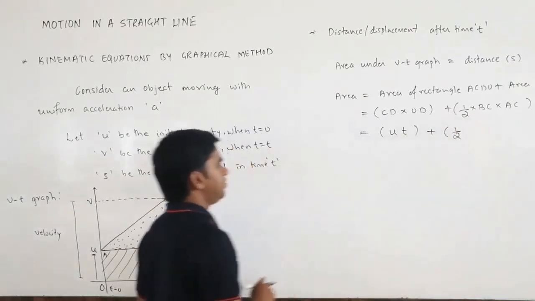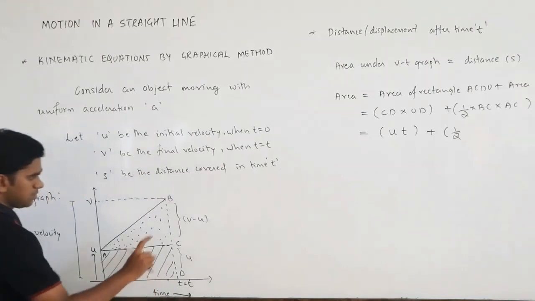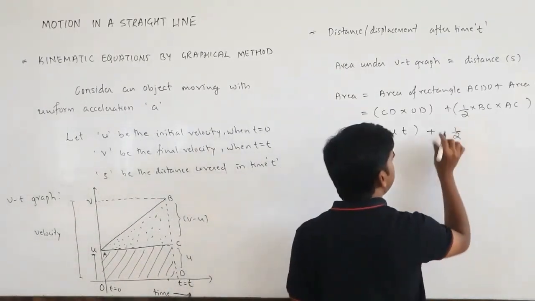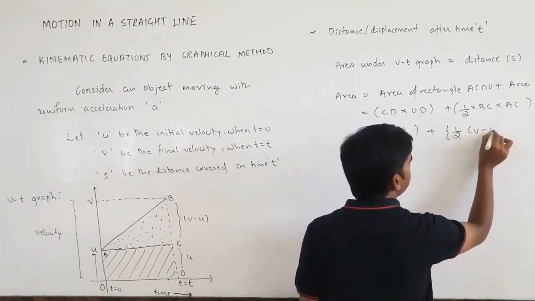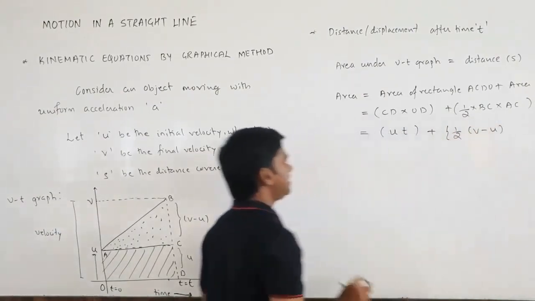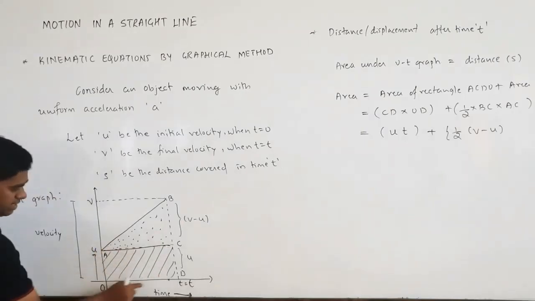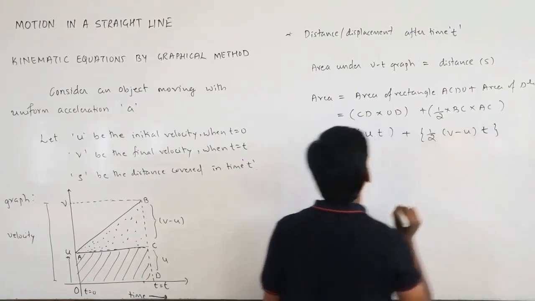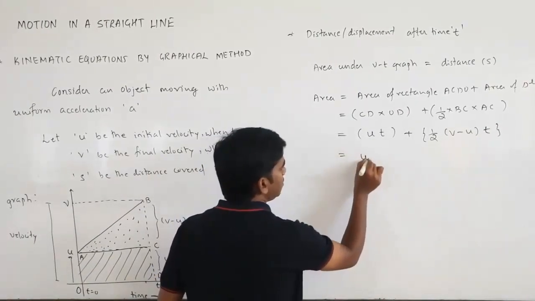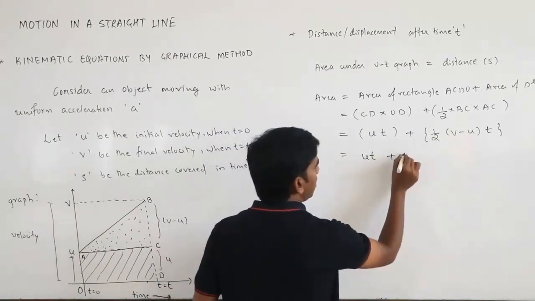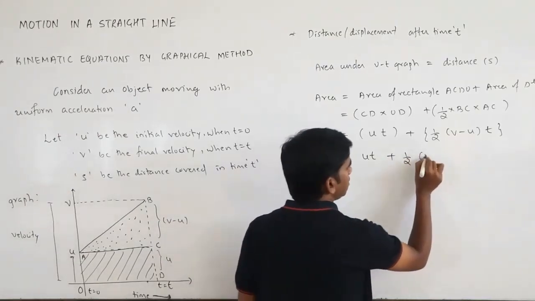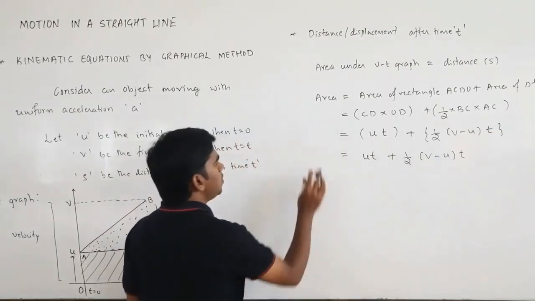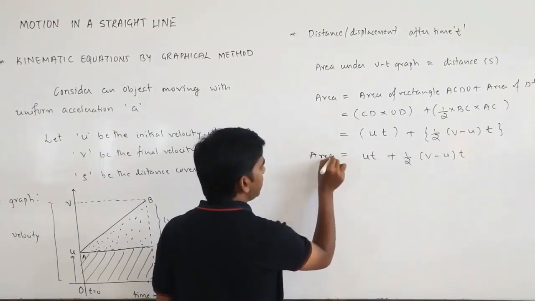What is BC? BC is V minus U. So V minus U into AC, and AC is again T. So write it as UT plus half into V minus U into T.